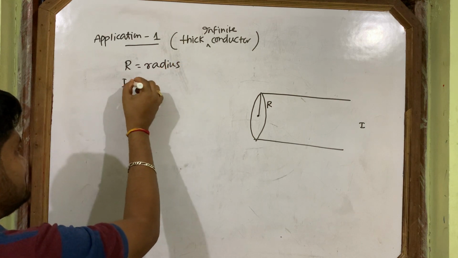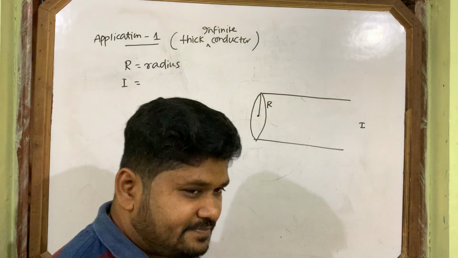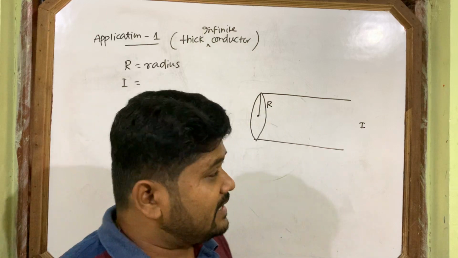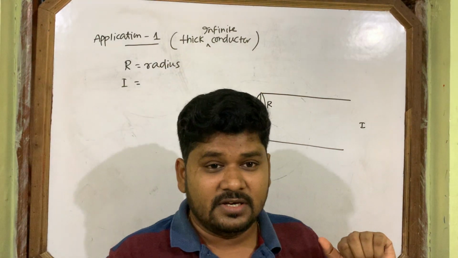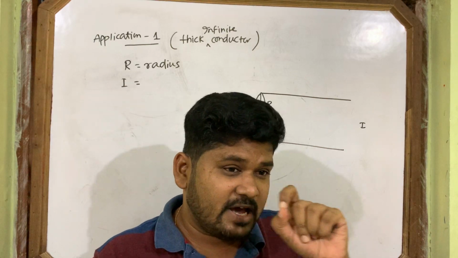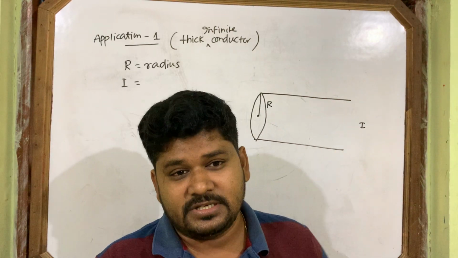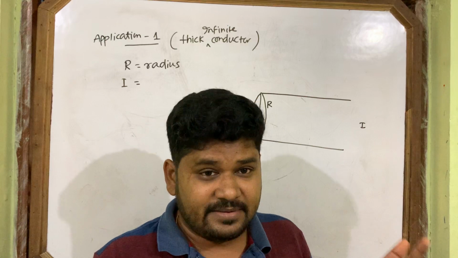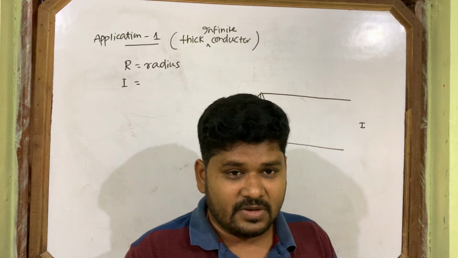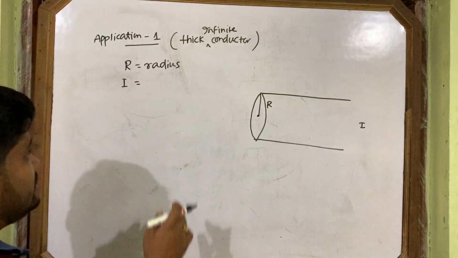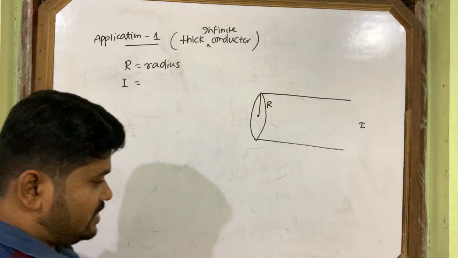I is the current that passes through the whole cross section of the conductor. The thick conductor derivation is done by Ampere's circuital law. But for a thin, narrow conductor and an outside point, we can use the Biot-Savart law, whose derivation is not in the CBSE syllabus. But we can do the thick conductor by Ampere's circuital law.